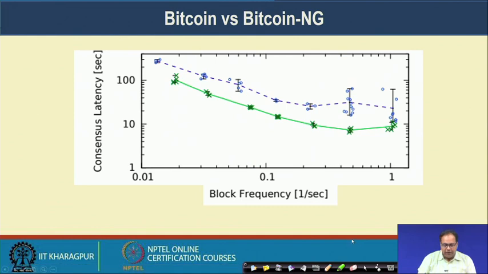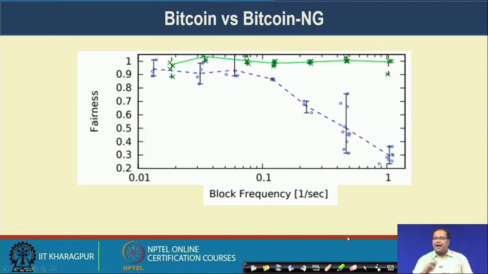Similarly, let us observe the fairness, which was another parameter. What we have looked into earlier is that the fairness gets hampered because of the forks in the system. Now, in case of Bitcoin NG, the forks are very infrequent, because whenever you have a new leader generating multiple microblocks, during that time you do not have a possibility of fork. You only have a possibility of fork at the level of microblocks, so key block forking is rare in Bitcoin NG.